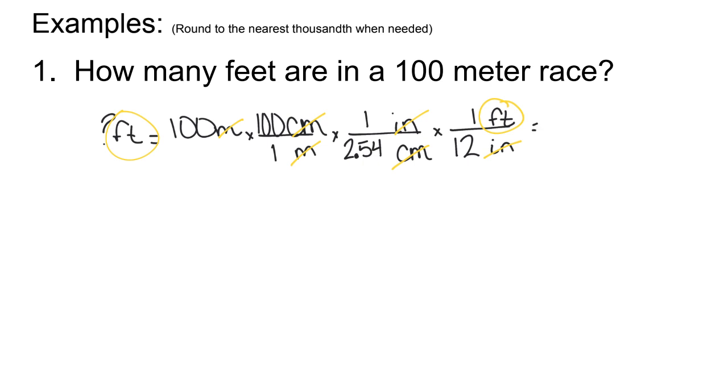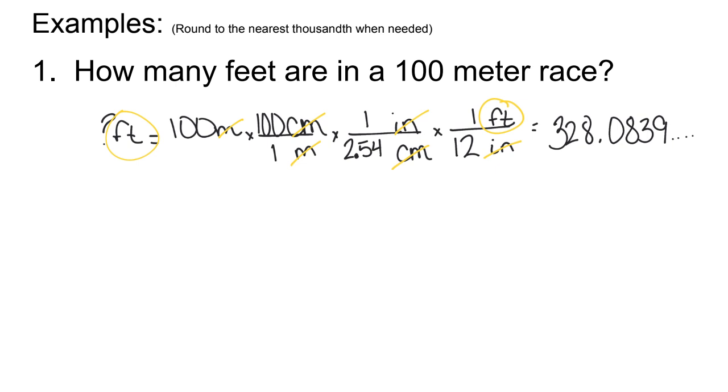Let's grab a calculator. We need to multiply the things on top. So 100 times 100, and then multiplying by ones won't change it. Once you have the numerator, we're going to divide that by 2.54, and we're going to divide by 12. If you've pushed all the buttons correctly, you should be at 328.0839 and a whole bunch of stuff.